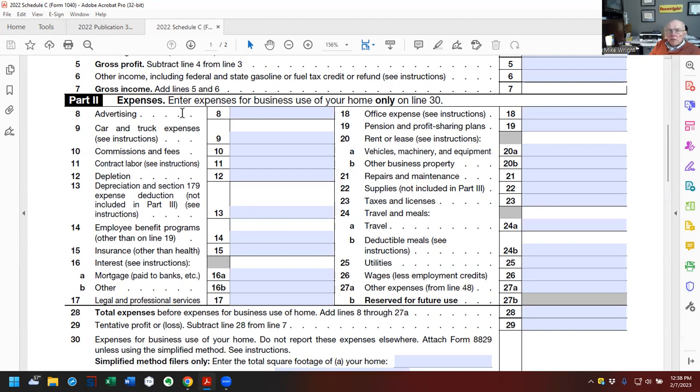Well, how do you do this with this log? Well, like everything else, there is a shortcut that you can use. And what that shortcut is this. You keep track of the business versus personal miles for 3 months of the year. Any 3 months are good.